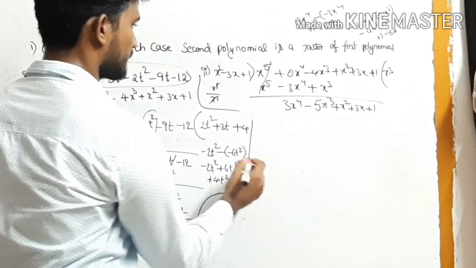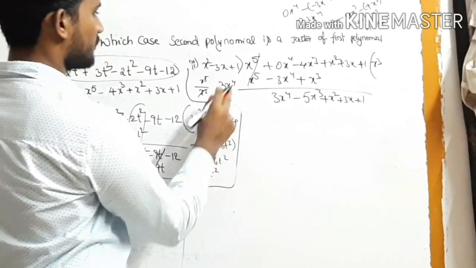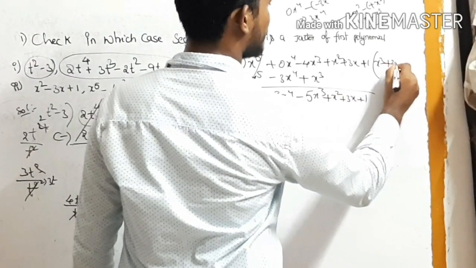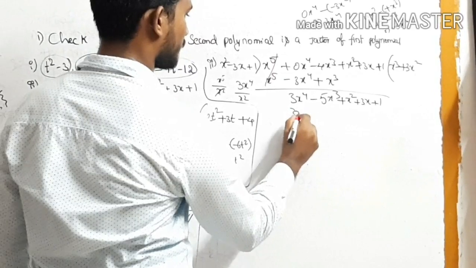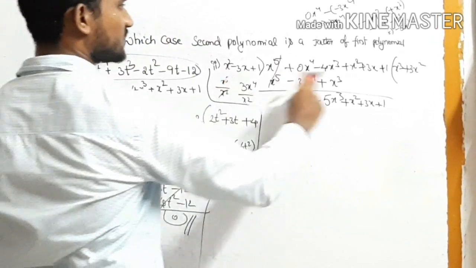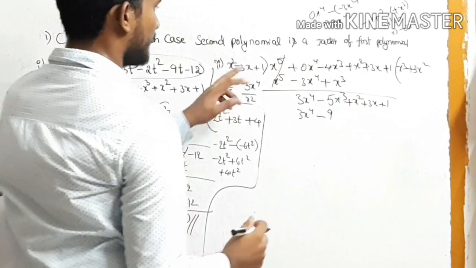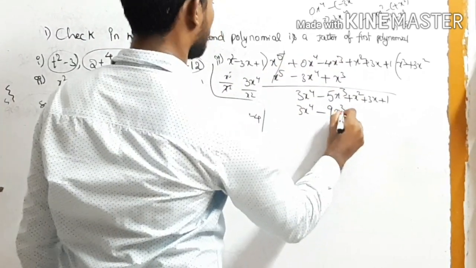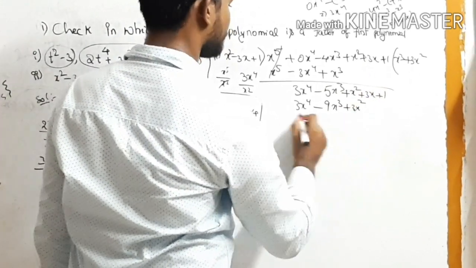Next write 3x square: 3x power 4 divided by x square will become plus 3x square. x square into 3x square is 3x power 4, minus 3x into 3x square, minus 9, 3 threes are 9, x cube, plus 1 into 3x square.